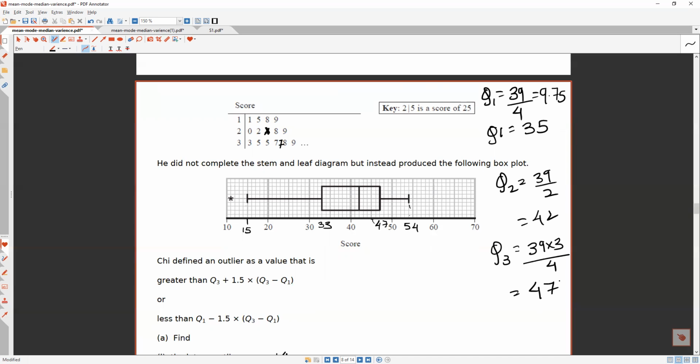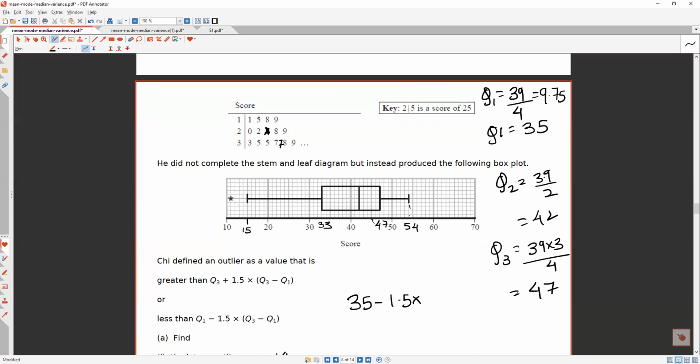Now you find the outliers for me. Find me the new outliers, guys. I'll pause the recording, you know what, let me do it then. What do we do for outliers? Q1, that is 35, minus 1.5 into the interquartile range.